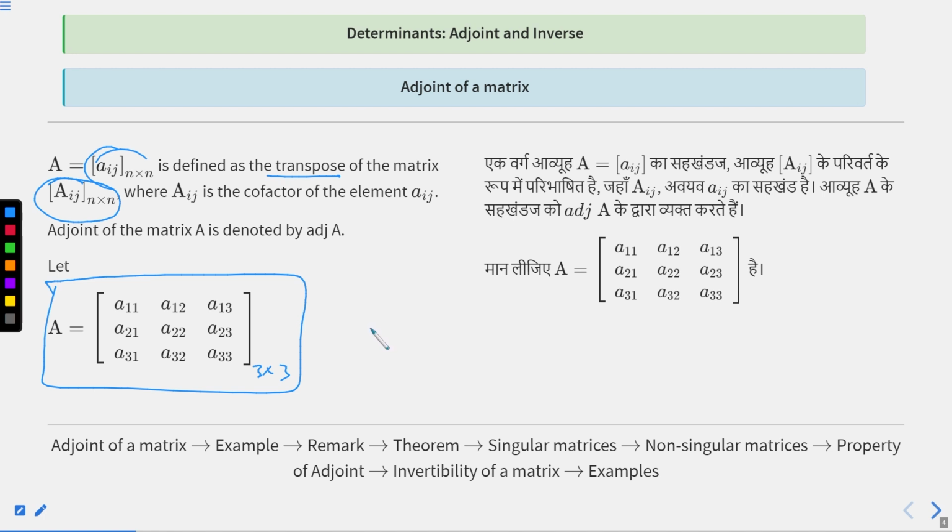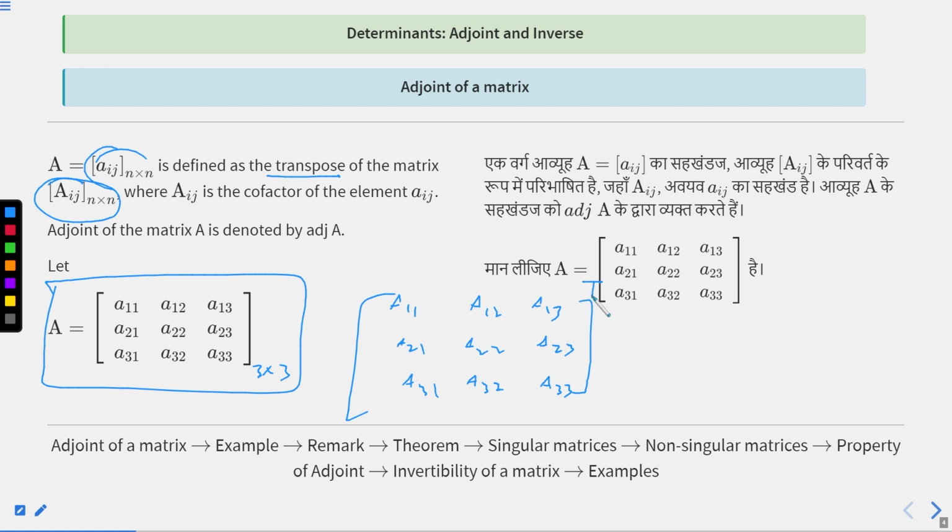After evaluating the cofactors, A11, A12, A13, A21, A22, A23, A31, A32, A33, put these entries in a 3 cross 3 matrix.